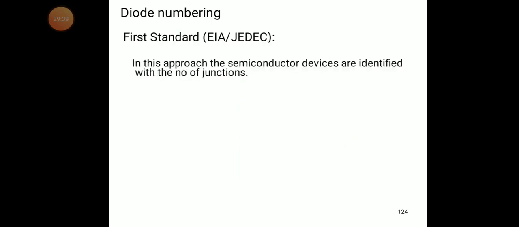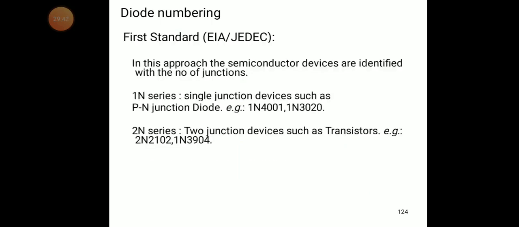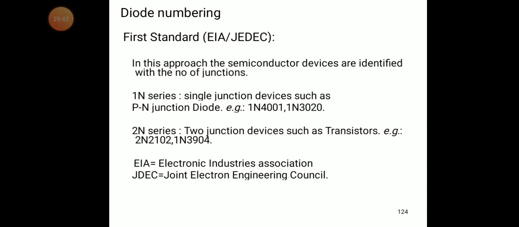How we can know the diode numbering, we also try to see. The first standard is EIA JEDEC. The meaning is, in this approach, the semiconductor devices are identified by the number of junctions. What number of junctions do we have?